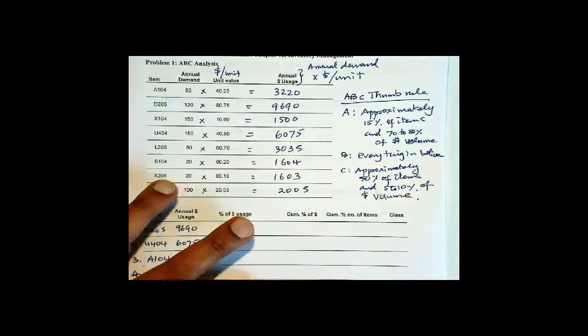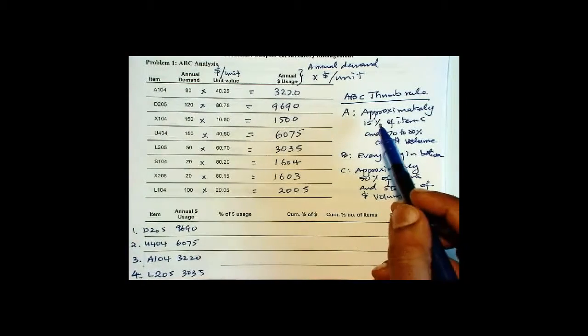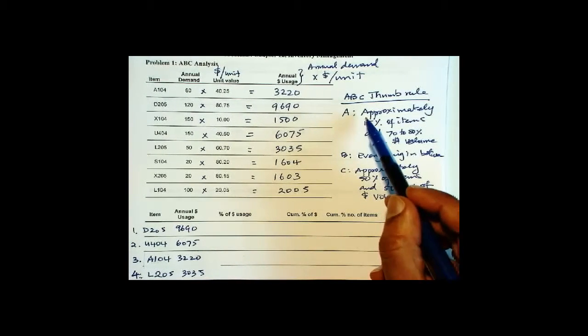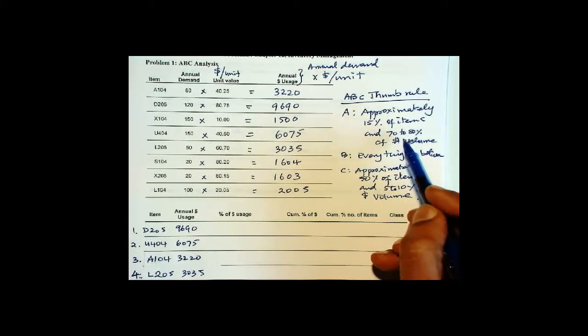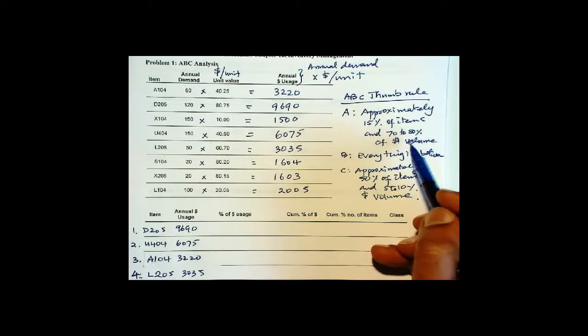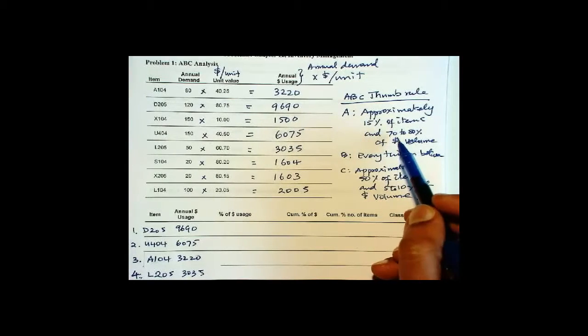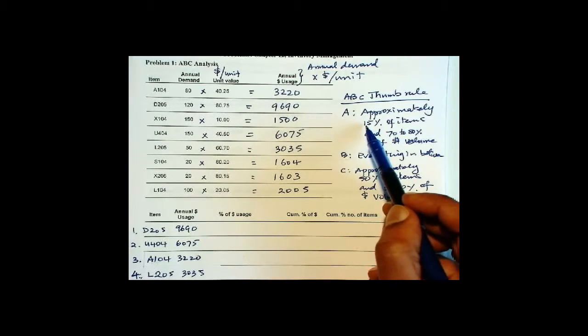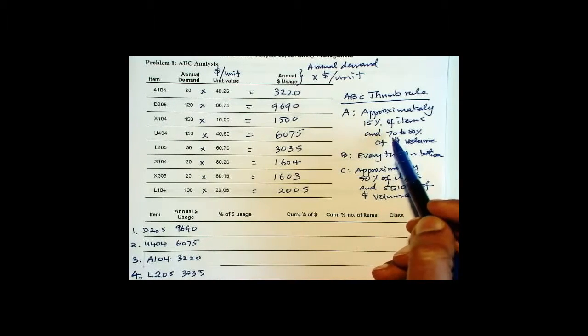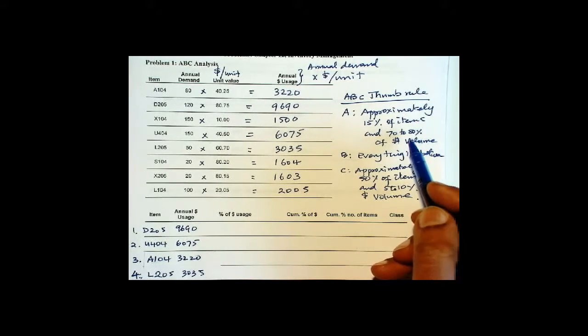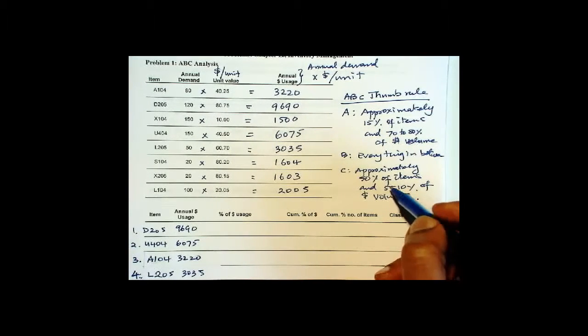So the difficulty is that oftentimes 15% of the items will not directly coincide with 70 to 80% of the dollar volume. There may be some discrepancy. Like 15% of the items may constitute only 50% of dollar volume. Or at the bottom, maybe 50% of the items will constitute 20% of dollar volume.